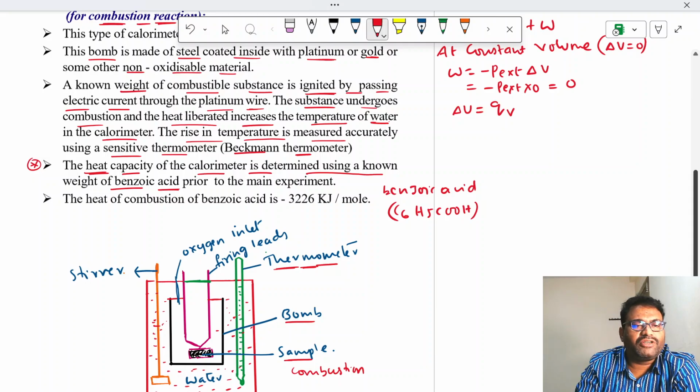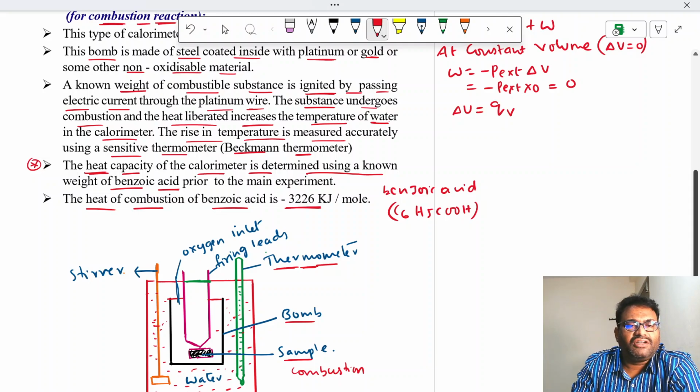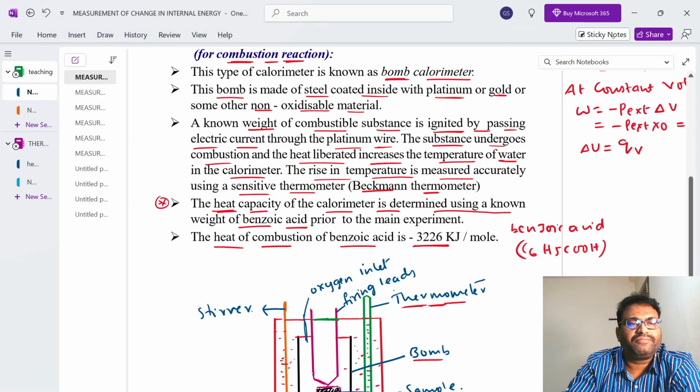The heat of combustion of benzoic acid is minus 3026 kilojoule per mole. So this is what is happening in the bomb calorimeter. We are combusting the substance and we are able to find the heats of combustion. Okay.